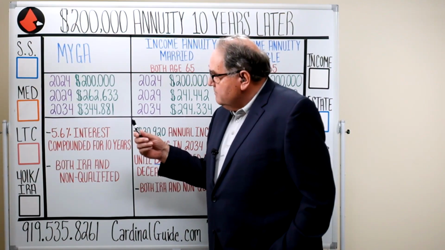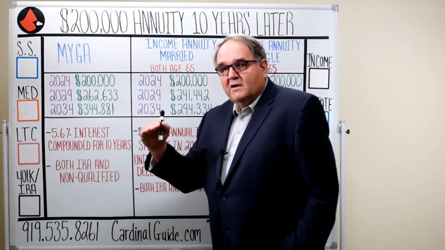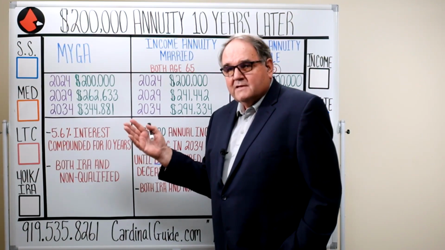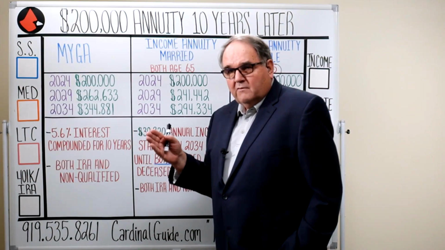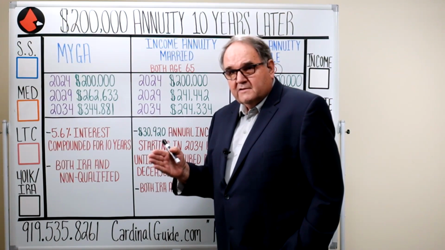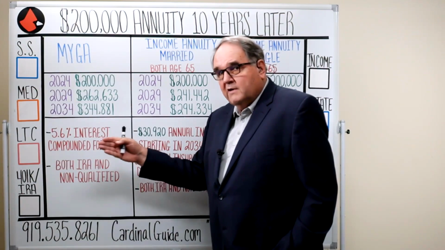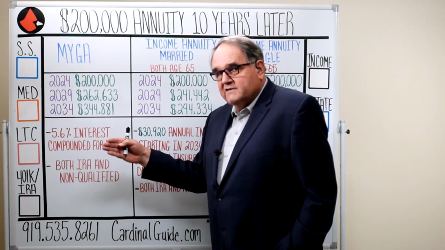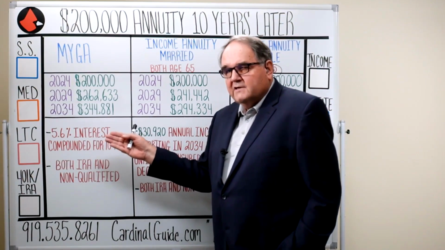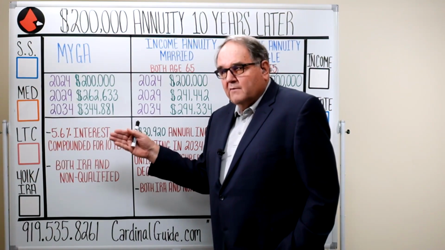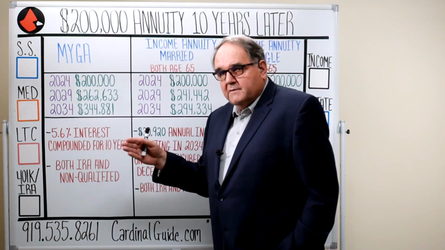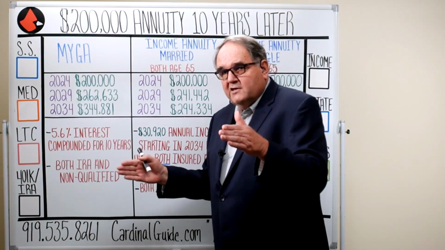Now, the interest rates on the 5-year ones are about the same. These are available from 2 years, 3 years, 4 years, 5 years, all the way to 10 years. There are even some companies that offer them longer than 10 years. I don't think we've offered one of those out to the public, so let's just say 2 to 10 years.